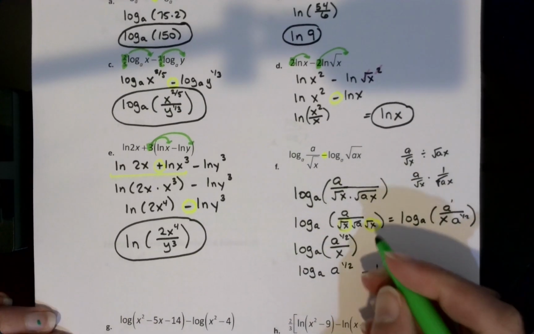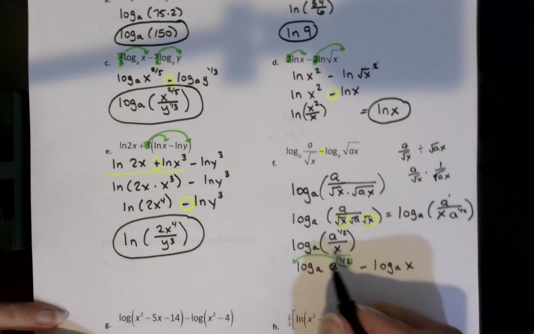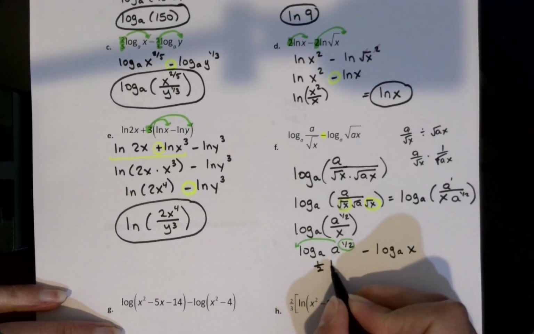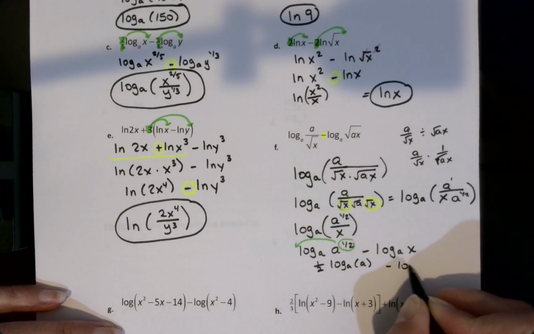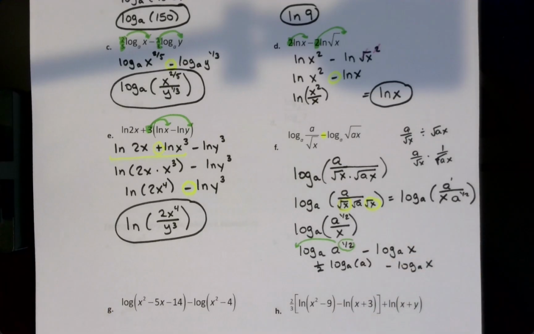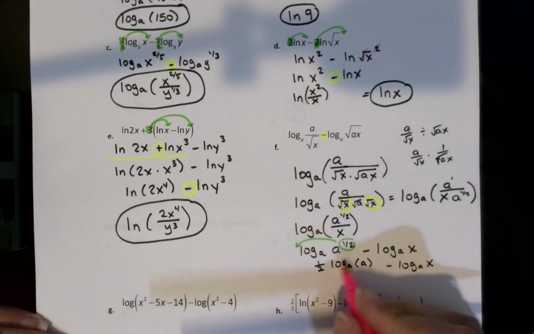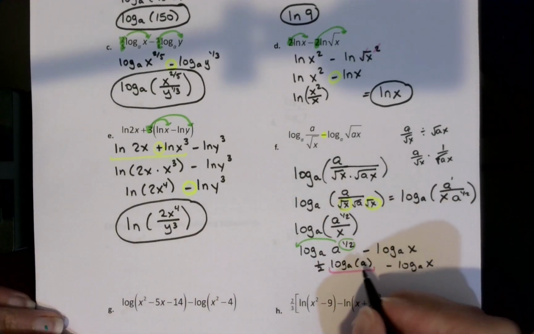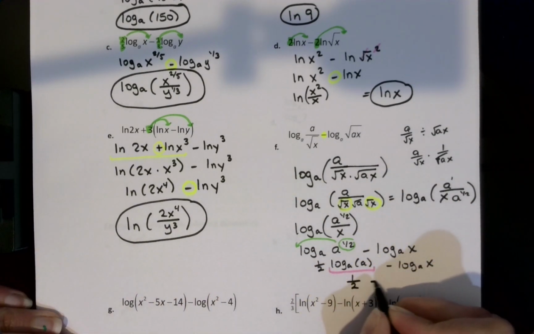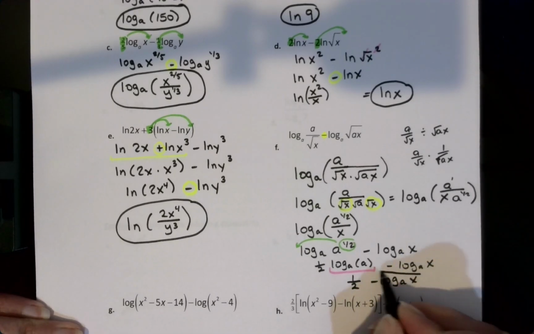We are going to pull down this 1/2 power here to get 1/2 log base a of a minus log base a of x. And then we can simplify the log base a of a portion. That's going to be equal to 1. So 1 times 1/2 is 1/2 minus log base a of x.